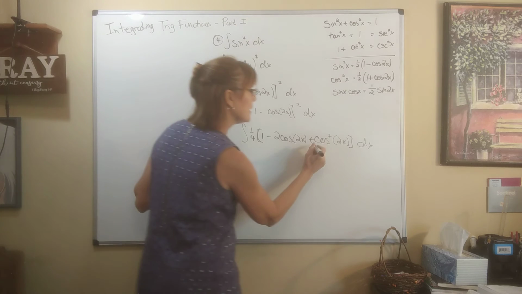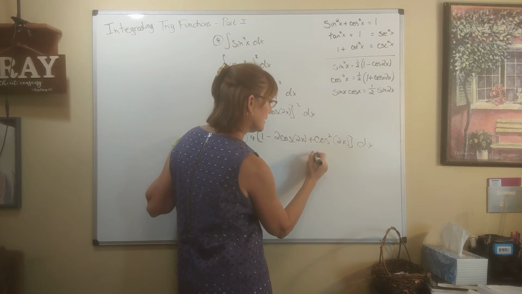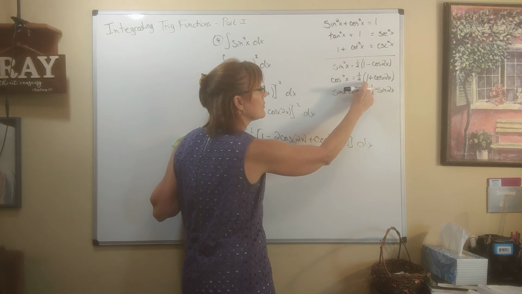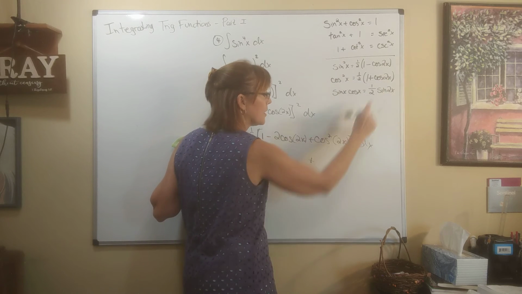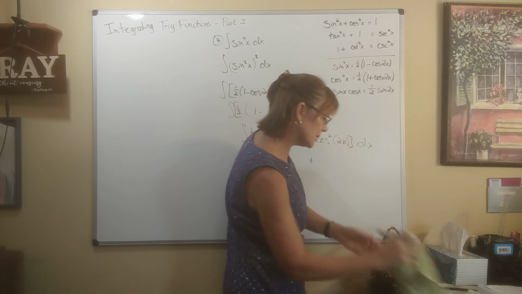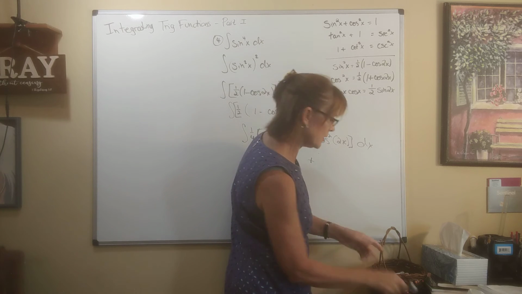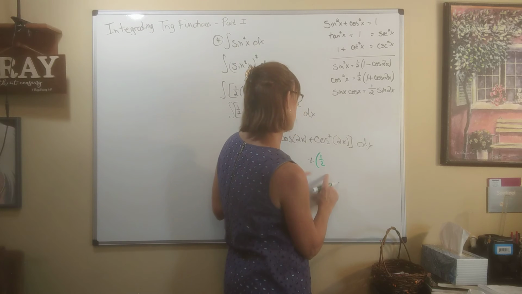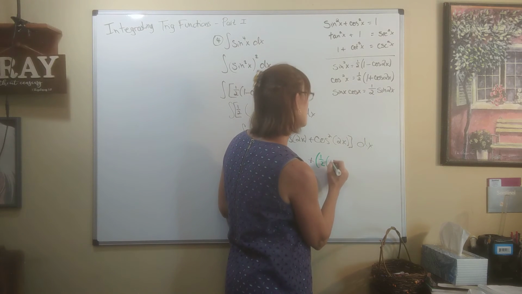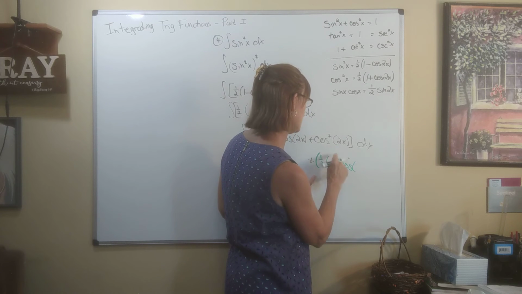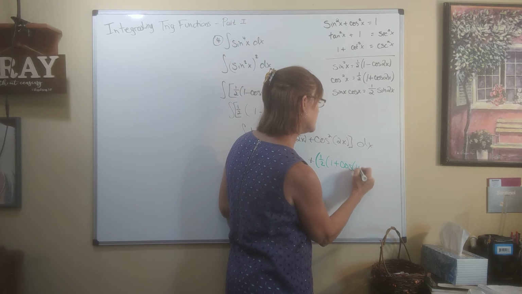Cosine squared of 2x can be rewritten as 1/2 times 1 plus the cosine of 2 times the angle. But our angle is 2x, so be careful. This turns into a 4x. Be a little careful there.